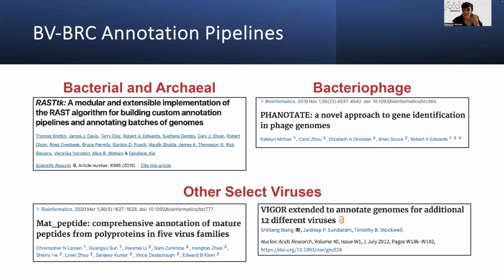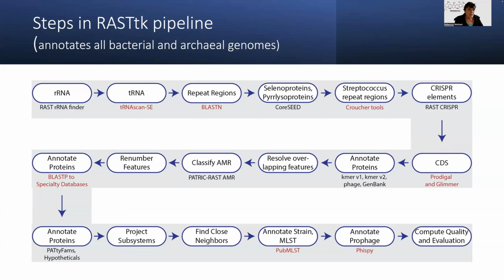Now, if that doesn't work, if the contigs that you are submitting are not annotated by Vigor4, then the MAT peptide pipeline will kick in and we'll try to annotate it with that. But, if you've got some plant virus or something unknown, you may not get an annotation at this time in BV-BRC.